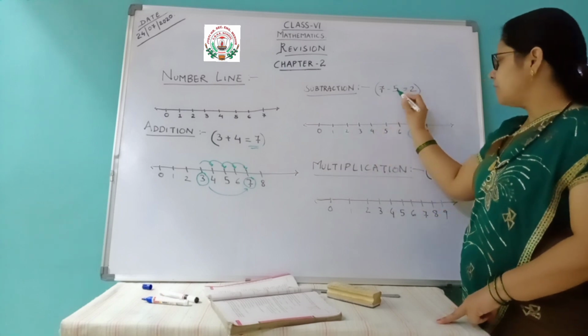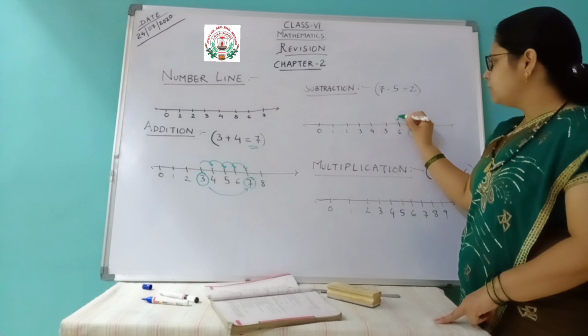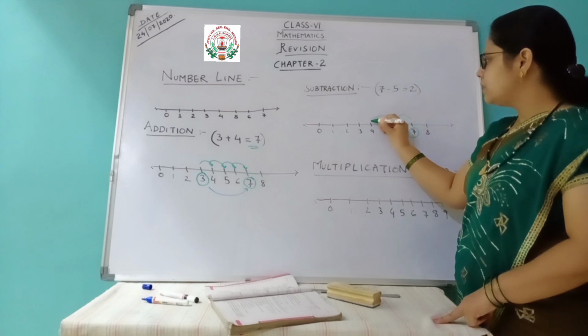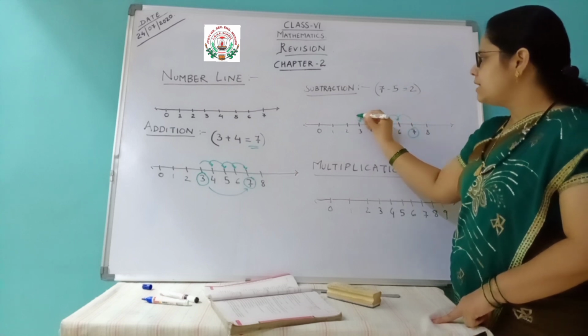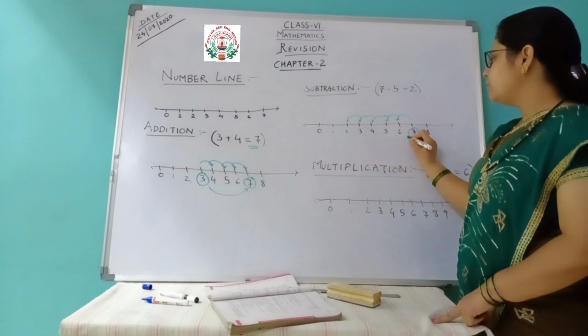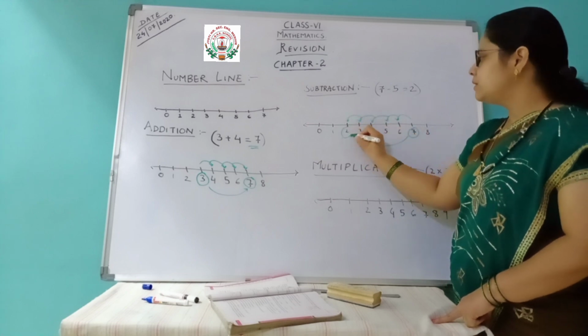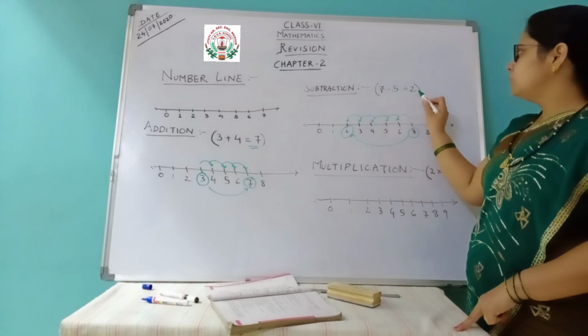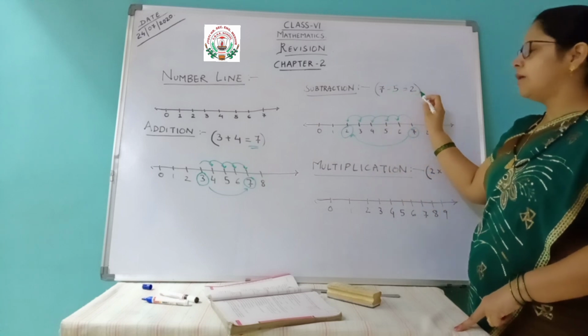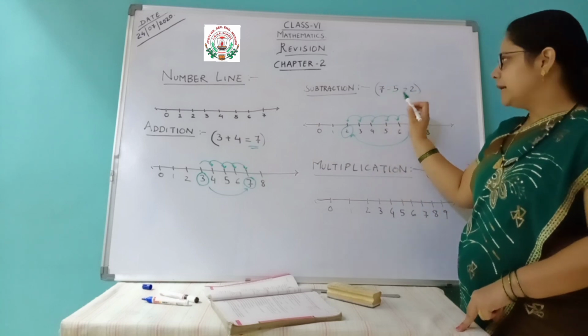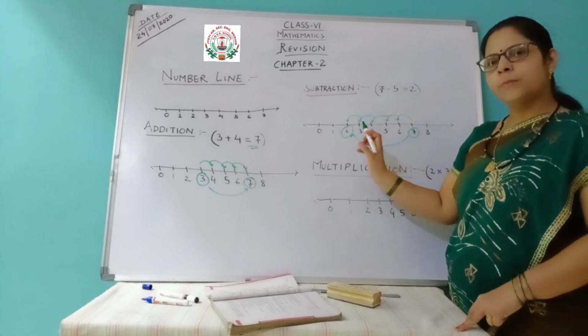We go 5 times. This is one time, second time, third time, fourth time, and this is the fifth time. After going 5 times, we reach the number 2. So 7 minus 5 is equal to 2. That is subtraction on the number line.